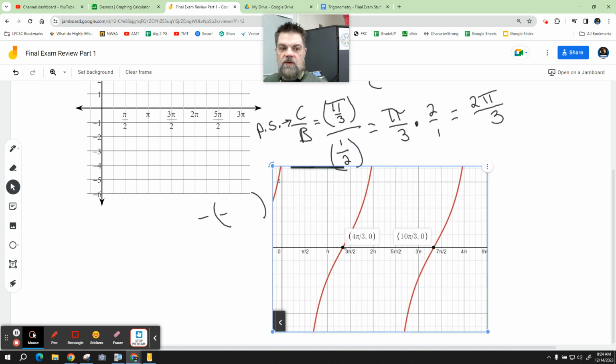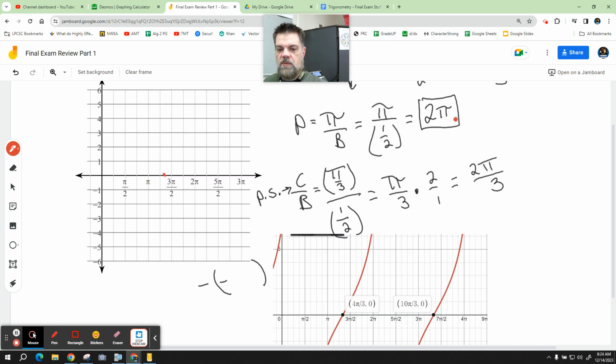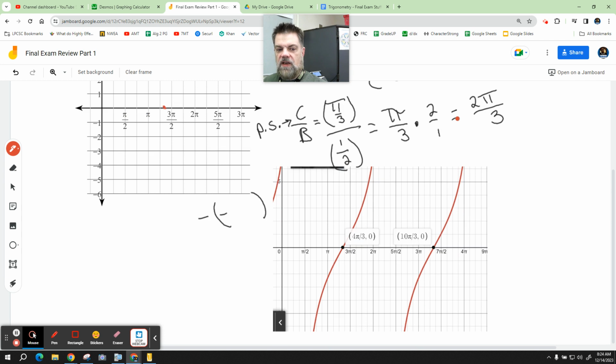4 pi over 3 is like right here. It's like 1/3 of a pi past the pi. And then the next one is, because the period is 2 pi, and I want you to think about that, the period is 2 pi.